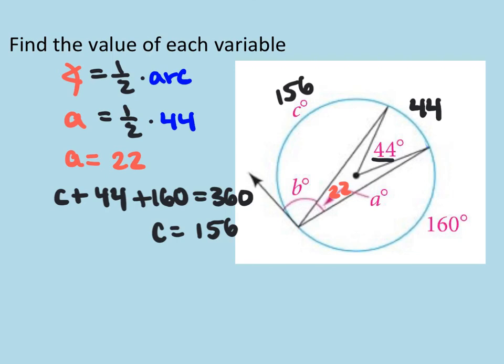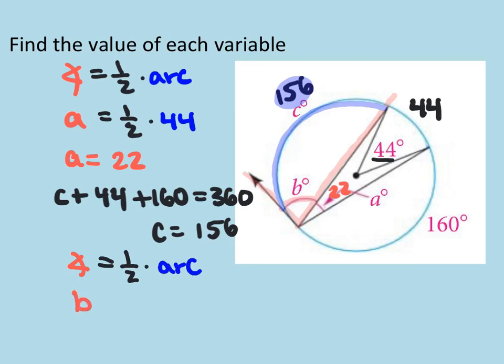Now the last example, or the last part, asks for the value of B. B is an inscribed angle, as shown, and the intercepted arc is this arc right here. And this is one of those special cases of inscribed angles. So now what we could do is we could say that using the formula, the angle equals 1/2 times the arc.